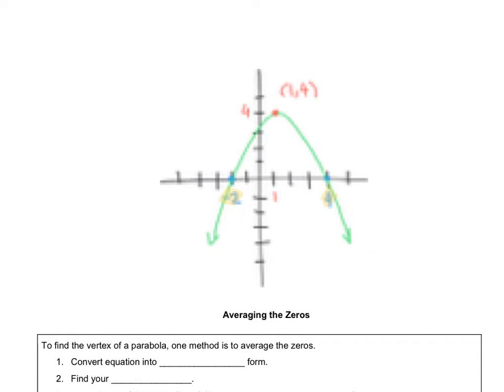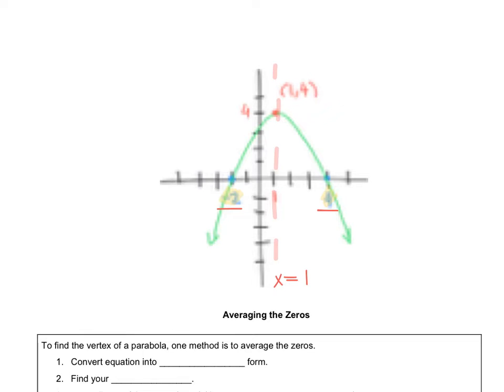We know that a parabola is all about symmetry, and the axis of symmetry is the line that cuts the parabola in half, and it also passes through our vertex. Here the axis of symmetry is at x equals 1. Now x equals 1 has to be exactly halfway between -2 and 4 in order for there to be symmetry.